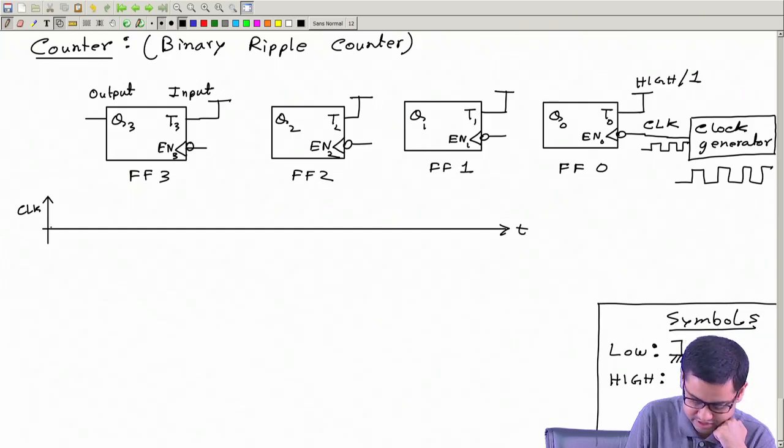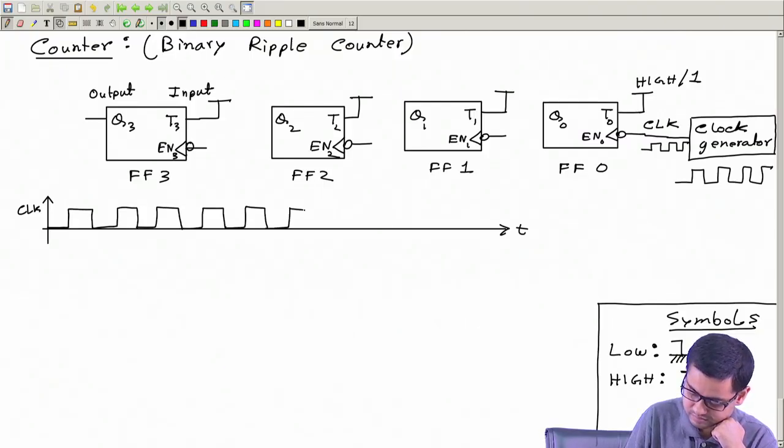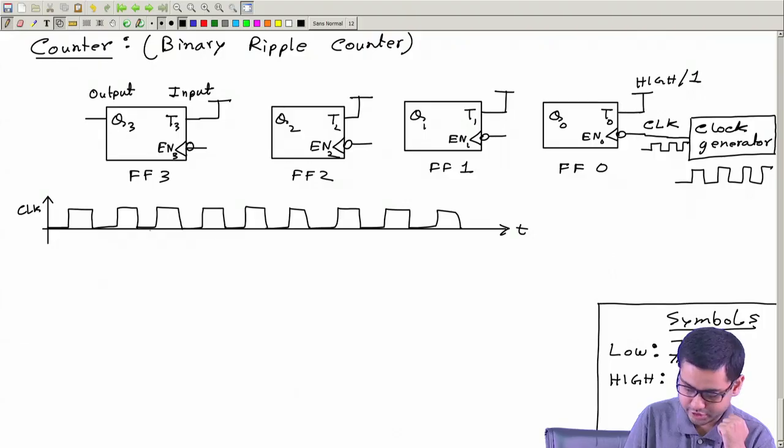Okay, and this is like this, 0 1, okay, this is like this. It may be of uniform frequency, but my drawing is not. Okay, then how will this Q0 output change? Let's find that out. So how will Q0 behave?